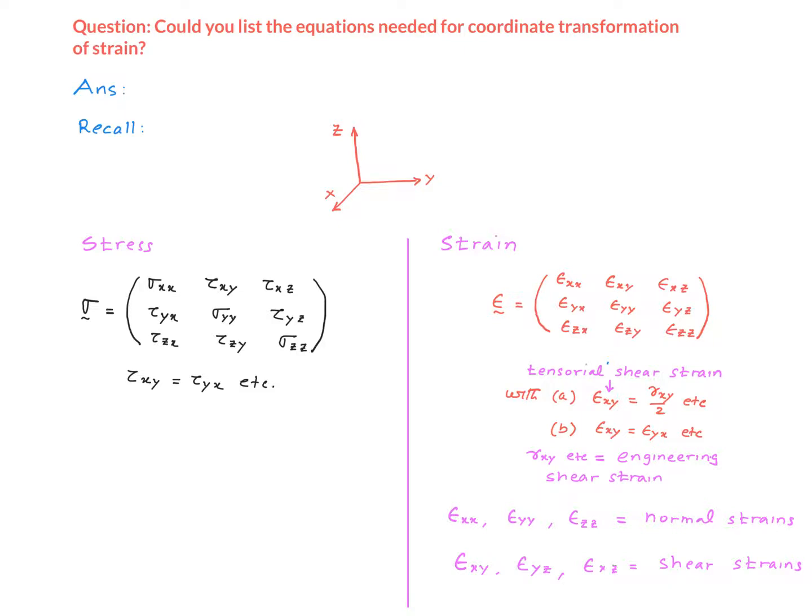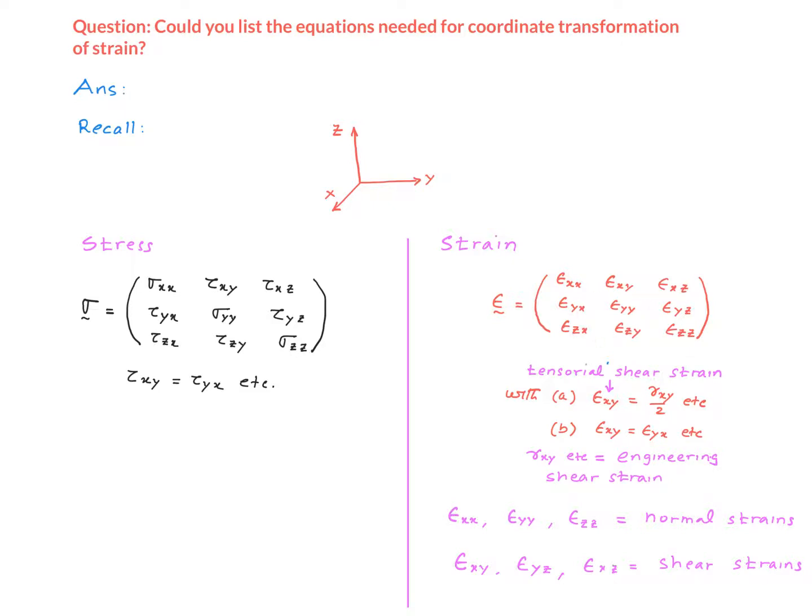The second one is called the engineering shear strain. So the engineering shear strain that goes with epsilon xy is gamma xy. The relationship between the two is simply this. Gamma xy is 2 times epsilon xy. Now this is an important distinction when we get into the coordinate transformation equation. So keep that in mind.